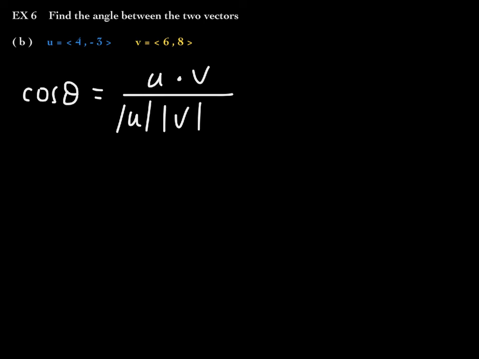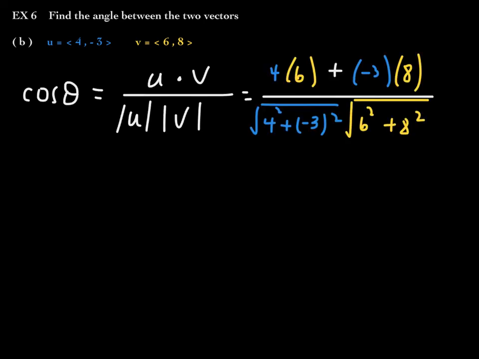This is u dot v upstairs, and then downstairs I have the product of the magnitudes of the two vectors. All right, okay, let's simplify this.